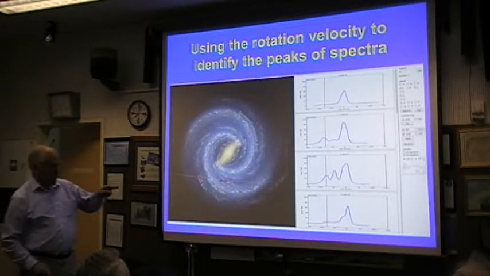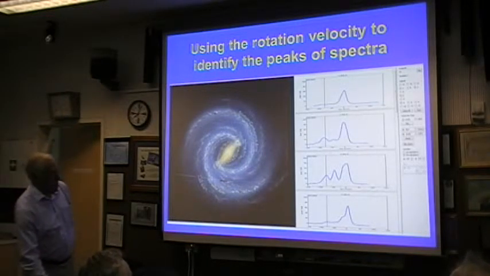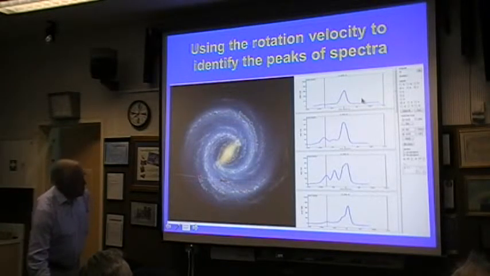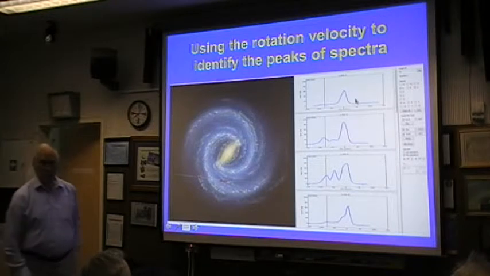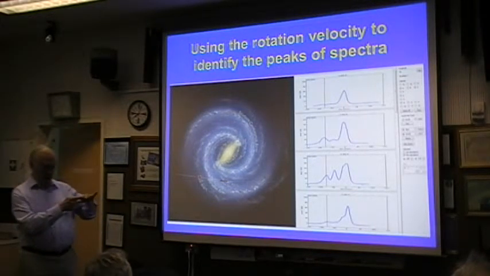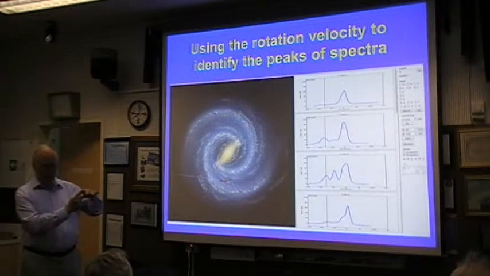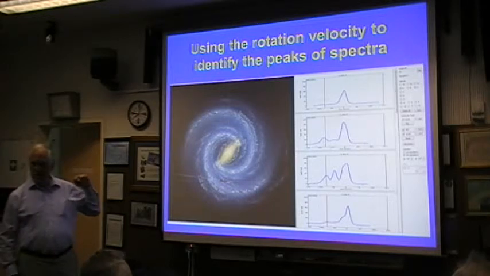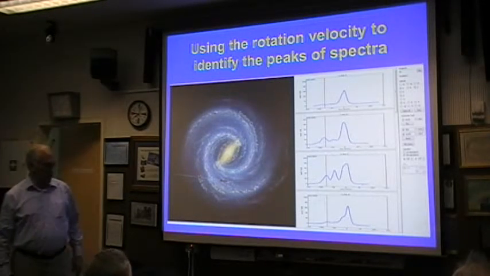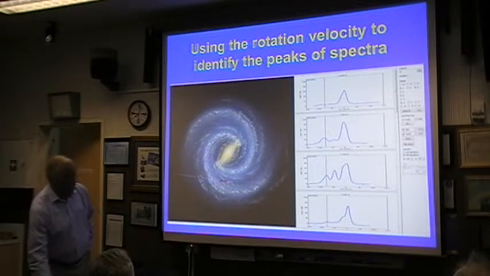You see that two of the peaks are beginning to disappear, and you've only got to look about 8 degrees up, I think, and you've lost the other 2 arms of the galaxy, because by parallax they've disappeared. We're still seeing our local bit, but the other ones have disappeared just by parallax. And by making loads and loads of these measurements, you can start to get an idea of the shape of the galaxy.